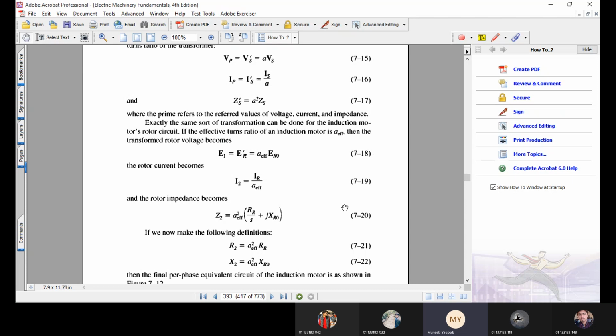So it will not affect the refer to primary side or refer to the secondary side situations. So it is equally applicable.